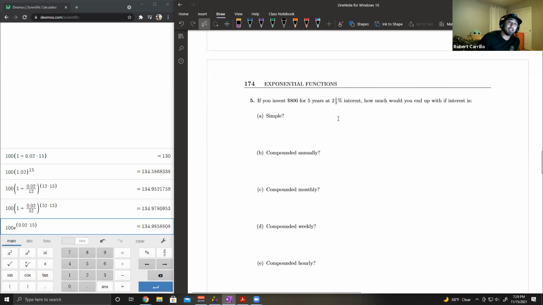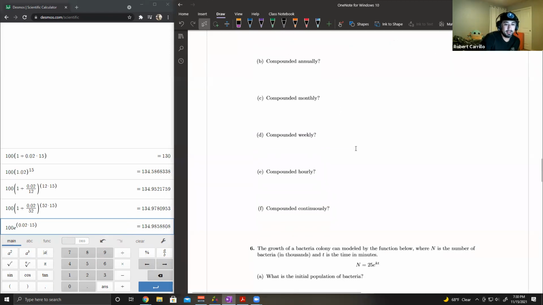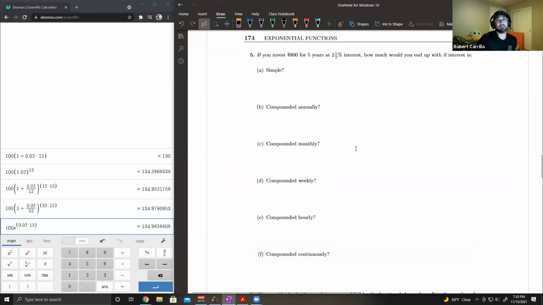So 5. If you invest $800 for 5 years at 2.5% interest, how much would you end up with simple, annual, monthly, weekly, hourly, and continuously? Okay, let's do it. First one, simple interest, which is A equals P times 1 plus RT.